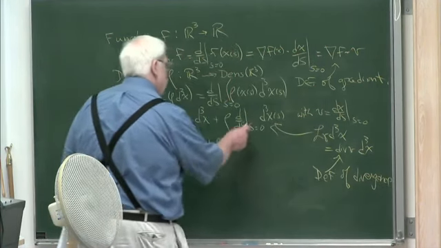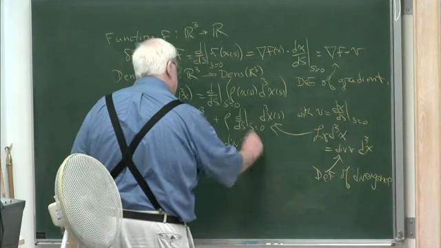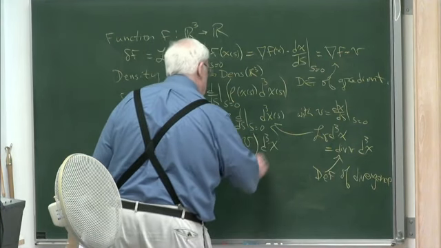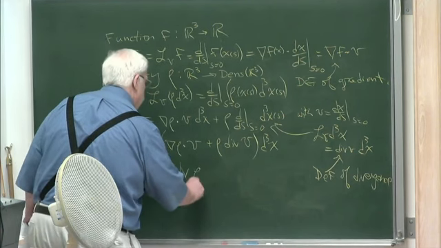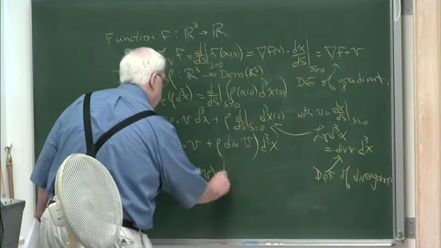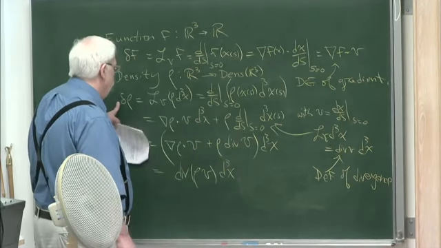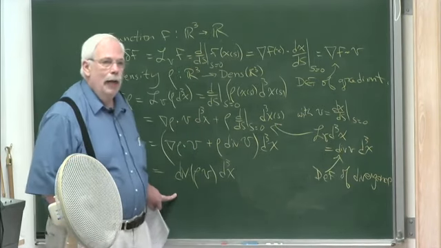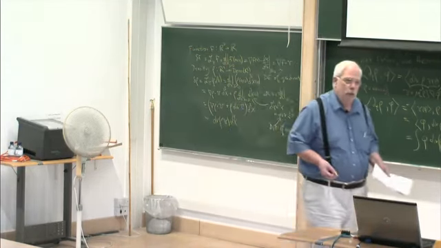Okay, so let's finish it. This guy's div v times d3x, which is equal to the divergence of rho times v times d3x. Delta rho is that divergence. That's the thing that gives us the gradient flow that we're familiar with.